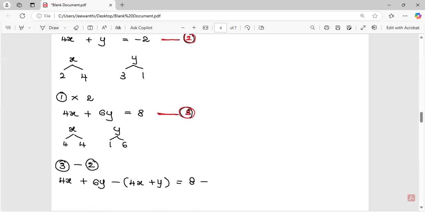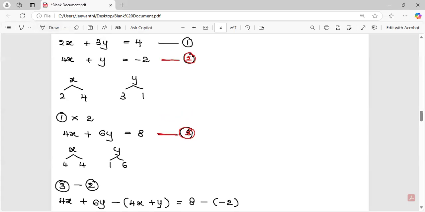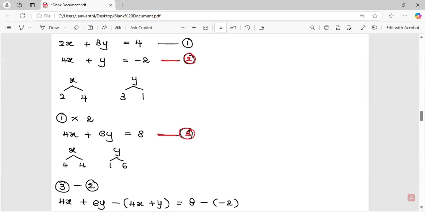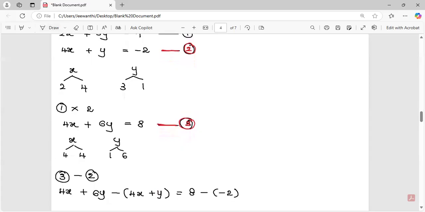Look at this carefully. 8 subtract -2. That subtraction is the math operation, and the other negative sign is the sign of the next number, -2. So you want to be mindful when you are dealing with the negative signs also. 4x plus 6y subtract 4x plus y, 8 subtract -2.